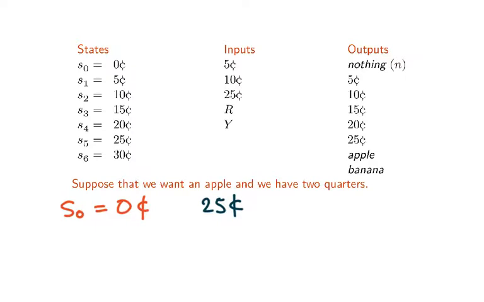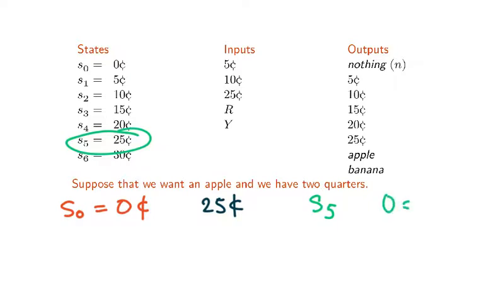And so what will be our next state? If we have 0 and we put 25, then inside the machine now there are 25 cents, right? So the new state is S5 at this point. And what will be the output in this case?